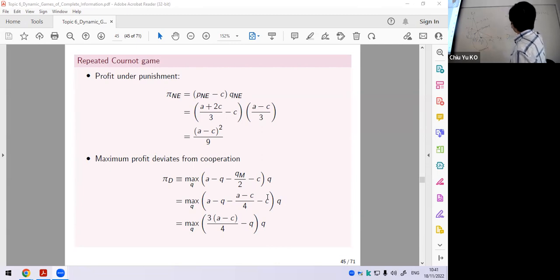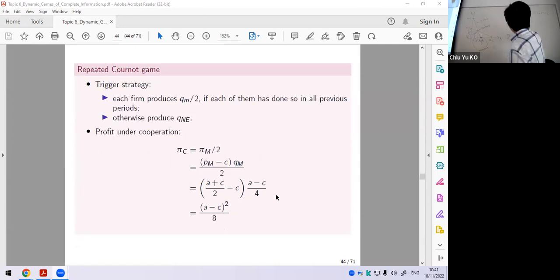If you collaborate, you get A minus C over x, squared.